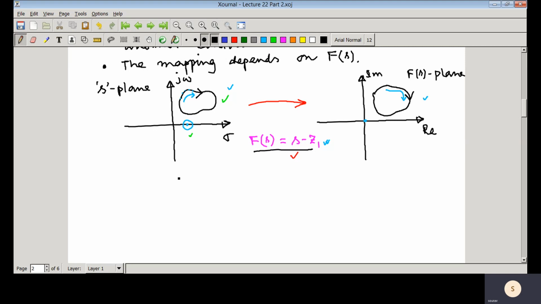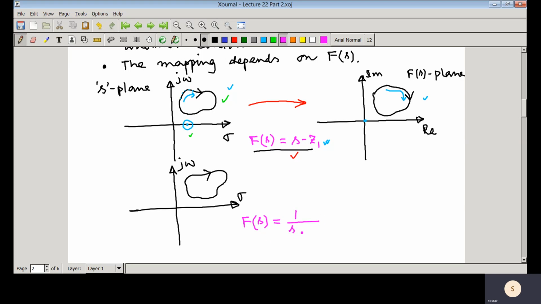So let us see the other cases. Suppose we have a contour like this and its direction is clockwise, and we have taken a function F(s) equal to 1 by s minus p1. That means it has a pole, and suppose this pole is here, and this contour does not encircle that pole.